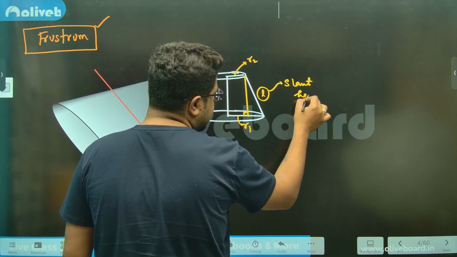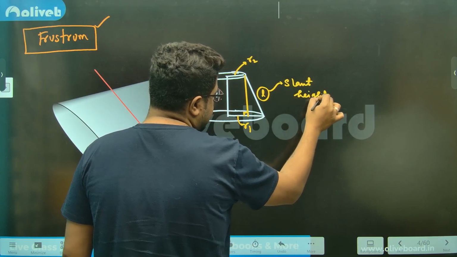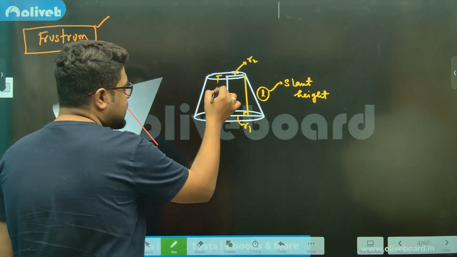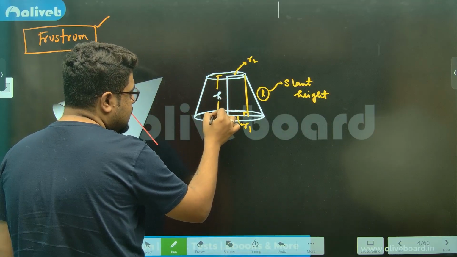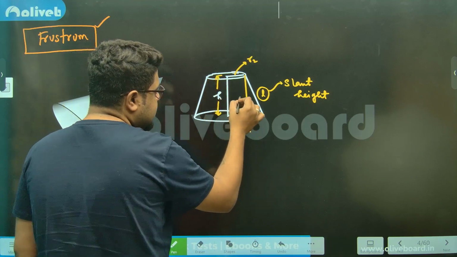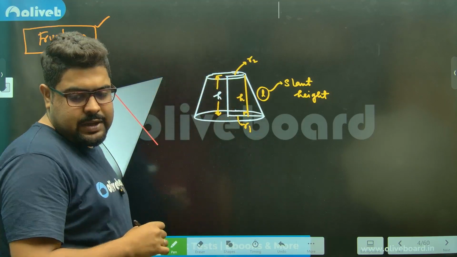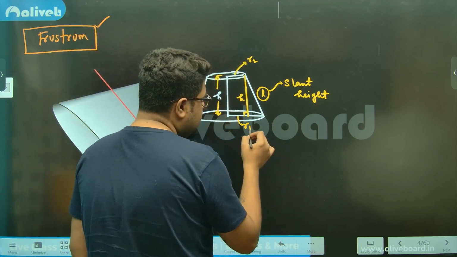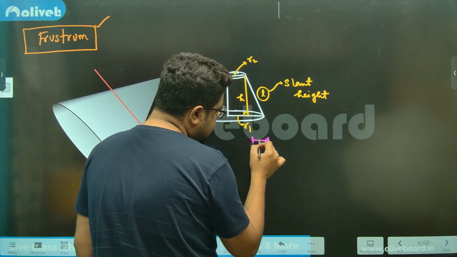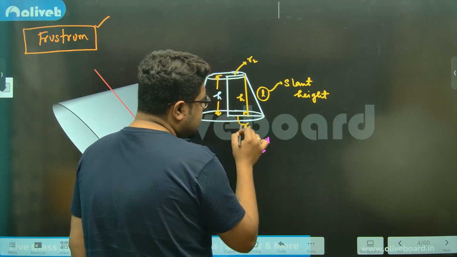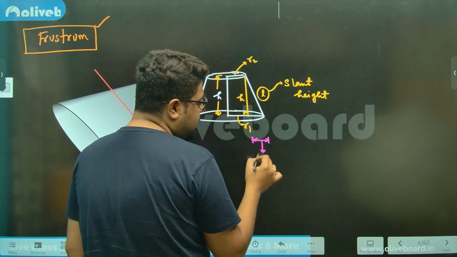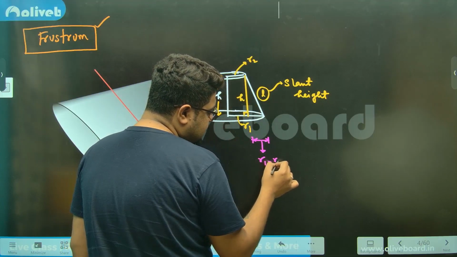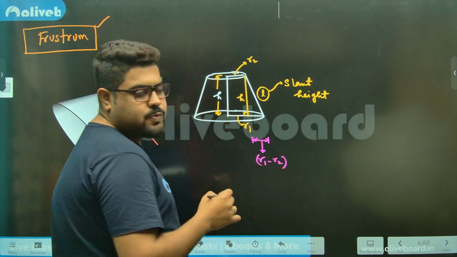This is H, the height, so this must also be H. Can anyone tell me what the length of this will be? This total is R1, this is R2, so this one must be R1 minus R2.